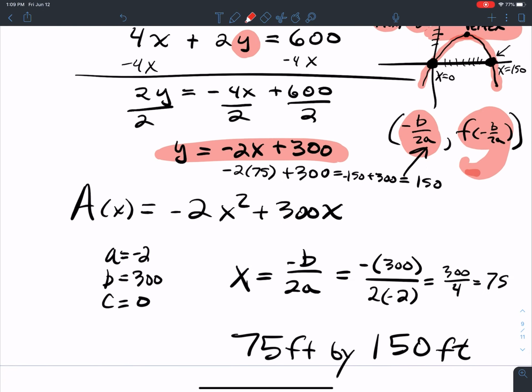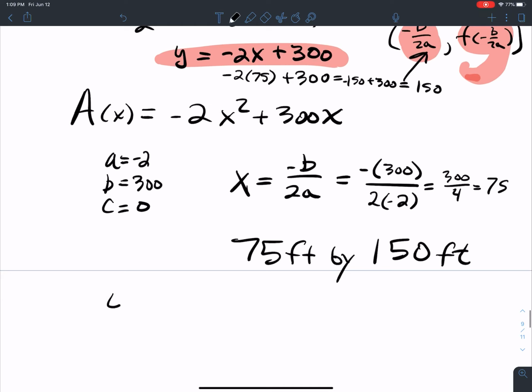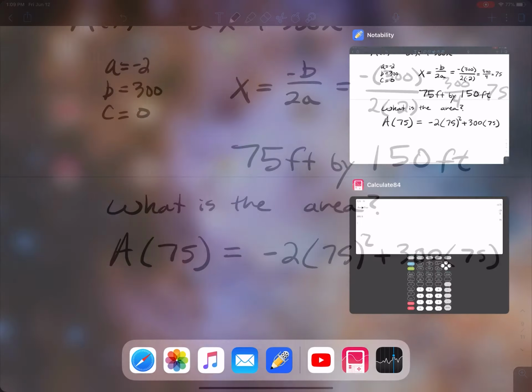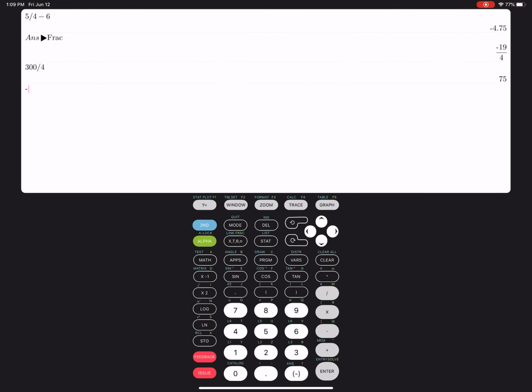So if you were asked, what is the area, then you would take A of 75 and plug it in: negative 2 times 75 squared plus 300 times 75.